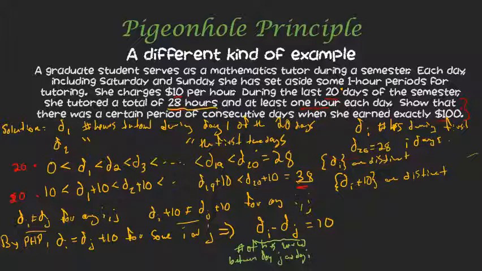So that's a period of consecutive days. And how many hours were worked during that period? Well, 10. And so that means this is our solution.